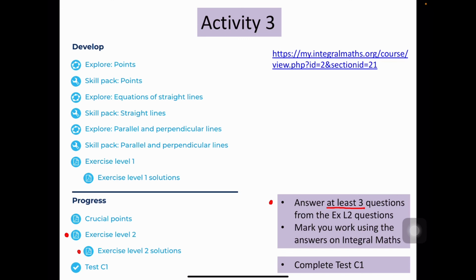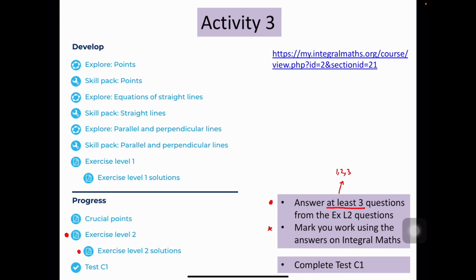If you're finding this work easy, then answer the 3 final questions from that worksheet. If you're finding this work quite difficult, then feel free to watch those additional videos to help you and answer maybe the first 3 questions, because that will cover the basics. But whatever you do, make sure you mark your work to see whether your answers are correct or not.